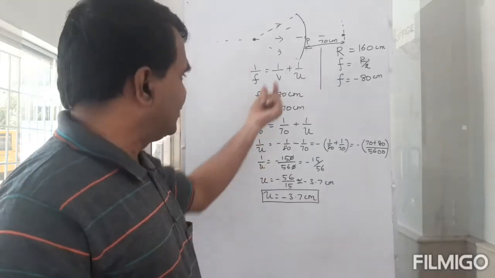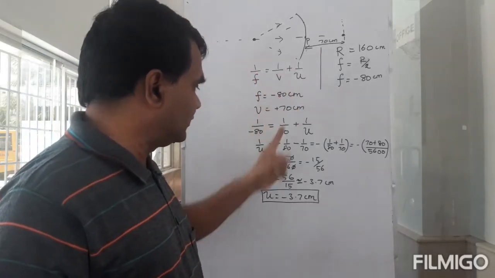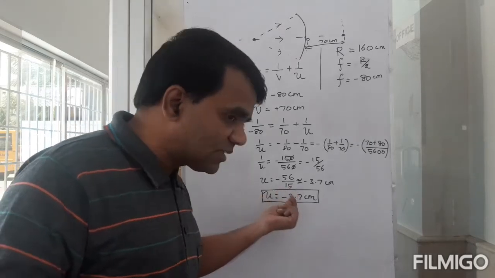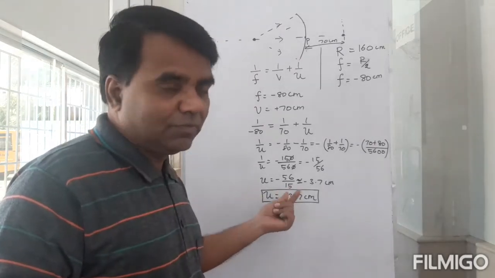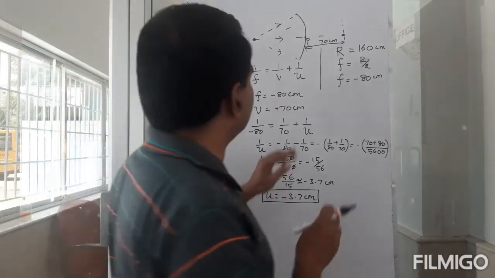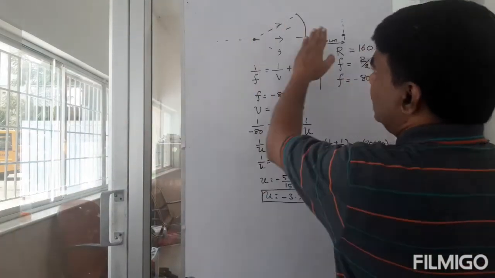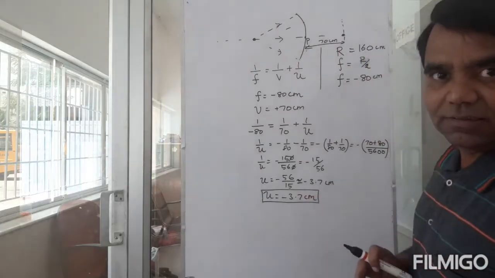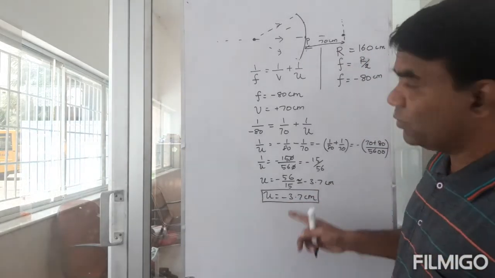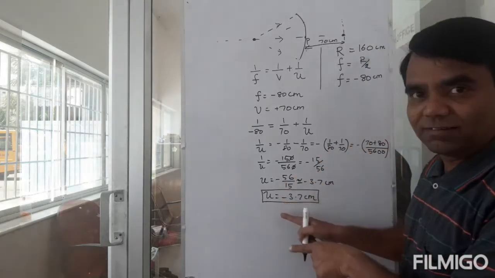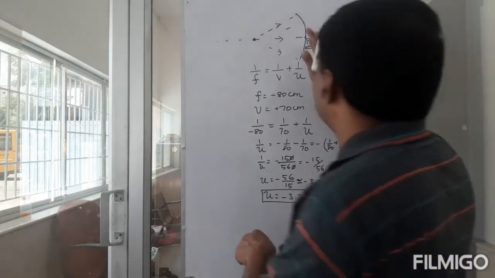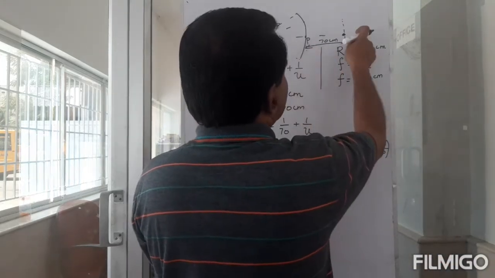Note this, when you apply this formula with sign convention, the value you get for u will also be with the sign convention. Okay, so now this negative sign tells you that u is on this side. Suppose you get a positive number, say 3.7, and your answer is wrong. Why? Because you should always get it with the sign. If the sign is plus, it means that the object is kept on the other side.